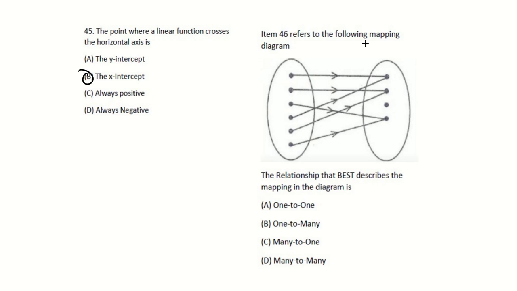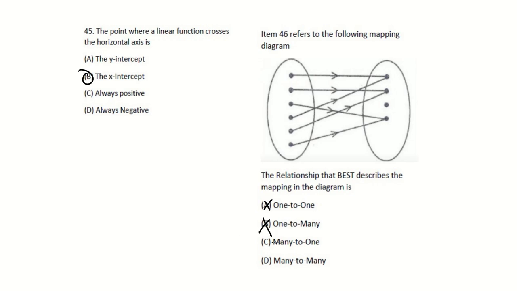Item 46 refers to the following mapping diagram. The relationship that best describes the mapping: is it 1 to 1? No, you can see that 1 is going to many, right? So it's not this. Is it one of these going to many of these? If they say 1, it is only from one point.